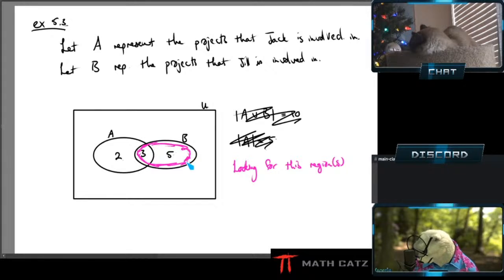These 2 regions. And then we can say, here, our final sentence is fine at this stage. We can say Jill is involved in 8 projects.